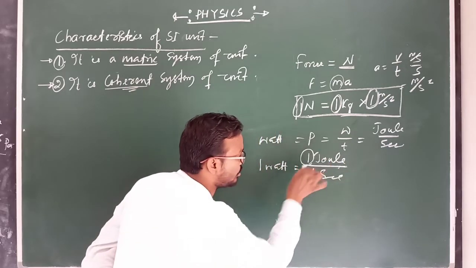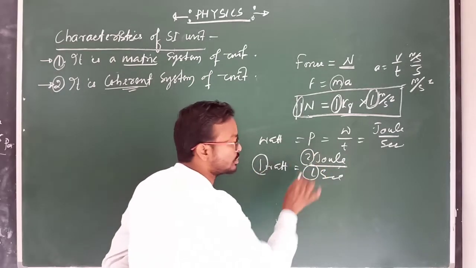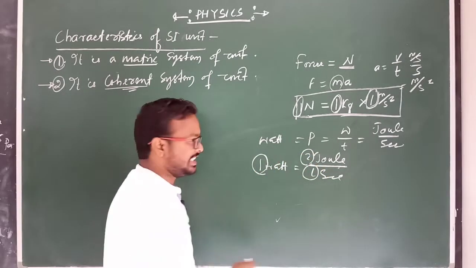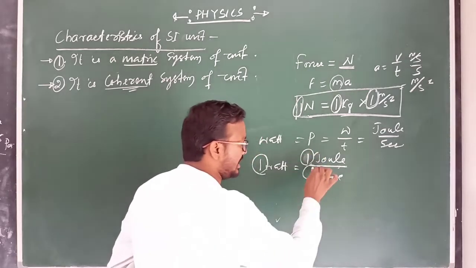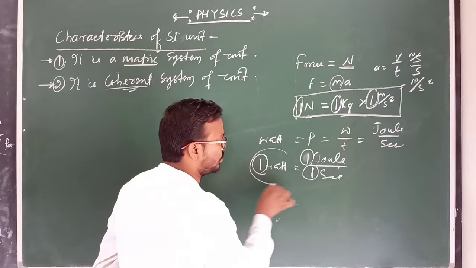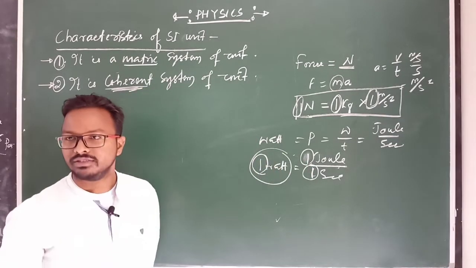So we place 1 here and 1 here, then we get 1 watt. You cannot place 2, 3, 4, etc. Clear? So only one quantity you place, which is 1, and here also 1, and we get 1 watt, and this system is known as coherent system of unit.